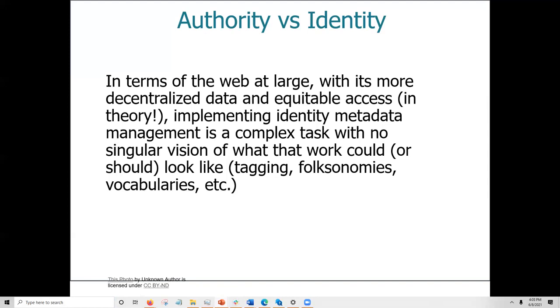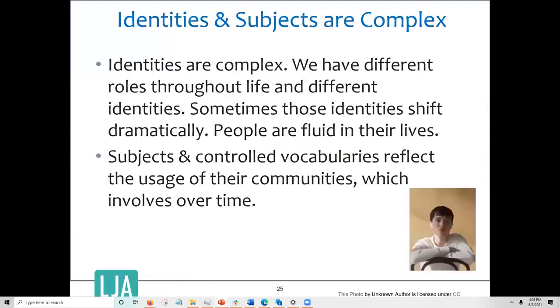So when people talk about authorities on the web, traditionally it has been much more focused on controlled vocabularies. It's only really been in the last few years that we're starting to see this discussion about identities. And of course, we've been doing identities for a long time. We do understand that identities are complex, and we're going to have a lot of fun, I hope, next week talking about that.